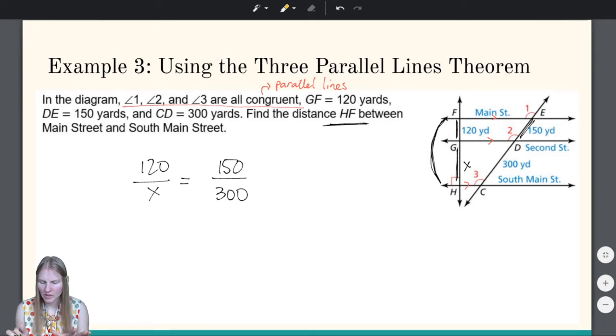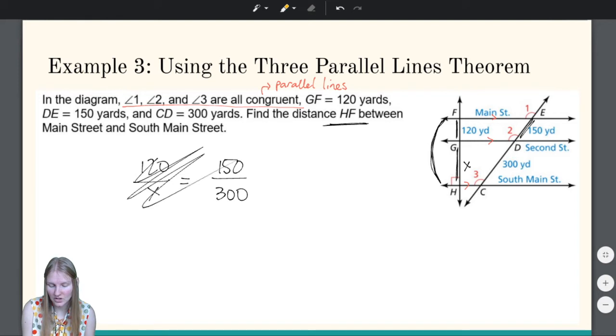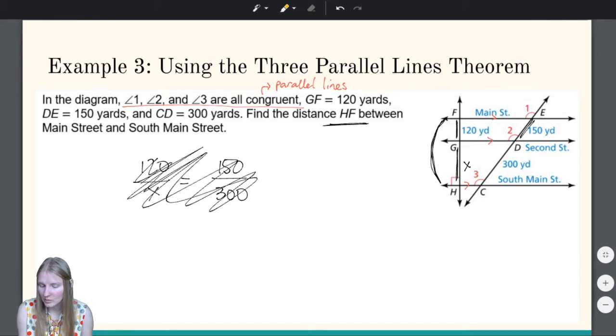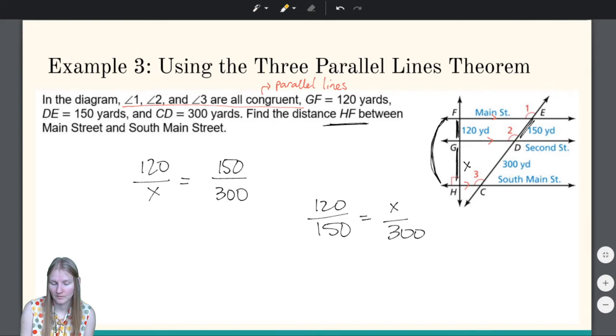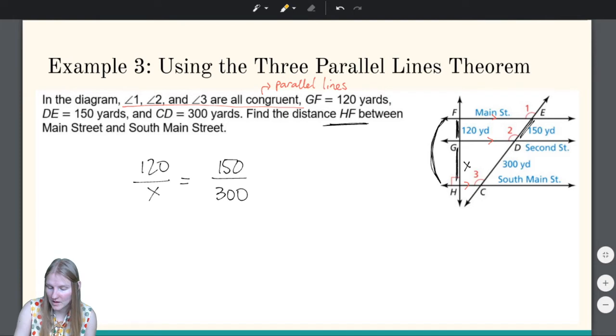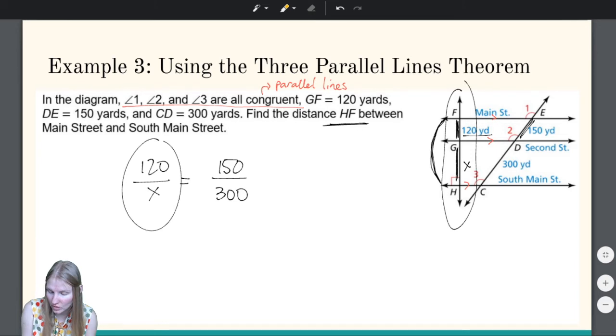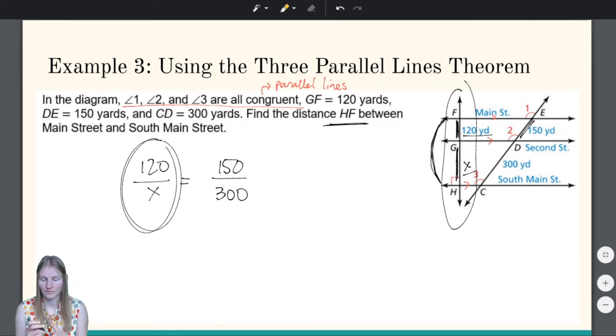I've seen people compare the wrong side lengths before. I've seen them say 120 to 150 is equal to x over 300. We're not comparing the lengths across from each other. We're comparing the lengths in the same transversal. 120 is in that transversal, and x is in that transversal.